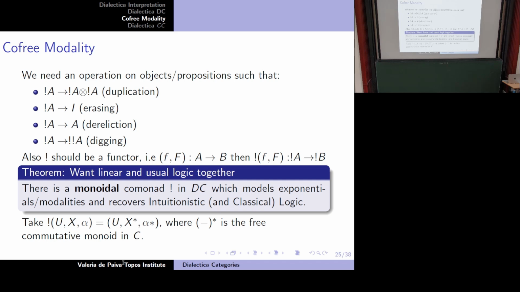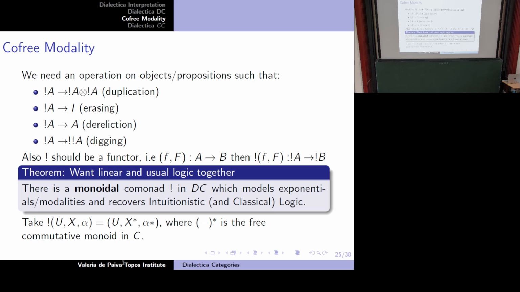And that means that you have to have this operator, and the things that you know about them is that bang of A has to duplicate, bang A. The bang of A should be able to erase it, kind of going to the identity for the tensor, and that one we are good. And then there are these other two rules for the bang A.